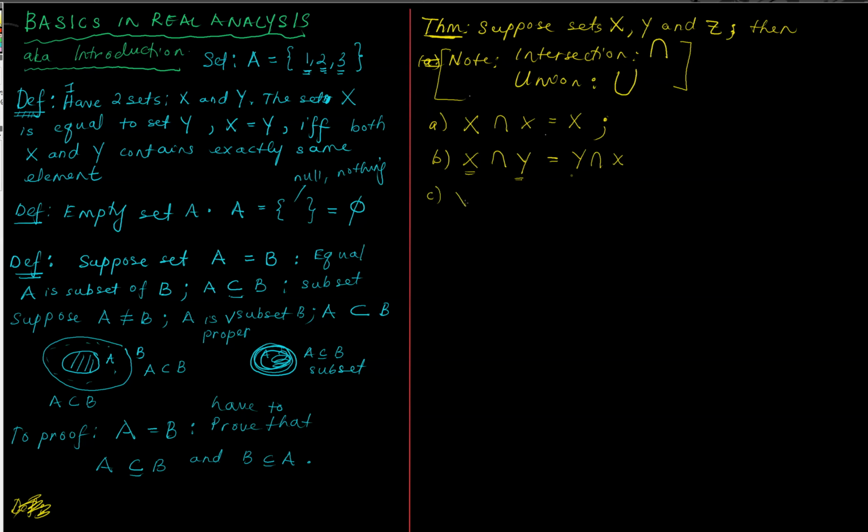Suppose you have set X and then you intersect it with, in parentheses, set Y union Z. This is going to be set X intersect Y, then close parenthesis, union set X intersect Z. What is this called?